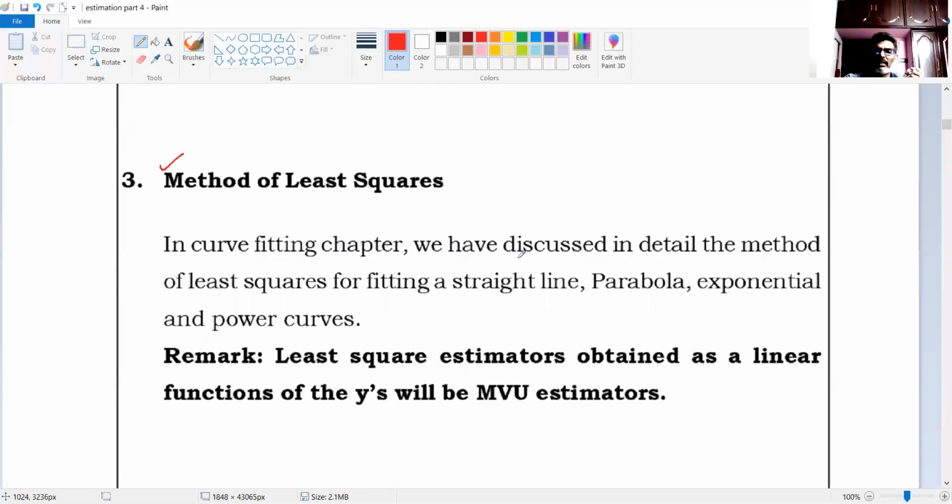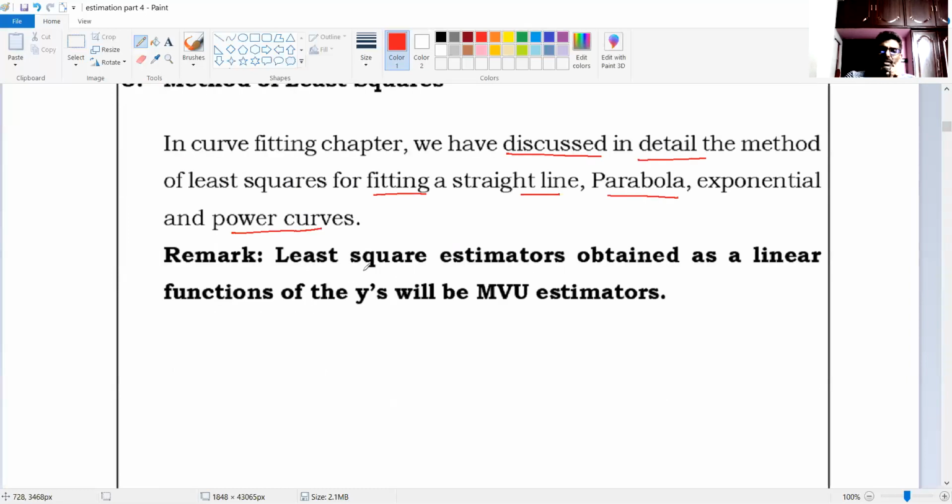In the curve fitting chapter, we discussed in detail the method of least squares for fitting a straight line, parabola, exponential, and power curves. So now, using that principle of least squares, we can easily fit a straight line, parabola, exponential, and power curves. Those estimators are called method of least squares estimators.